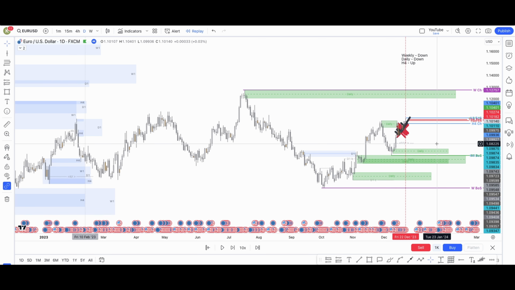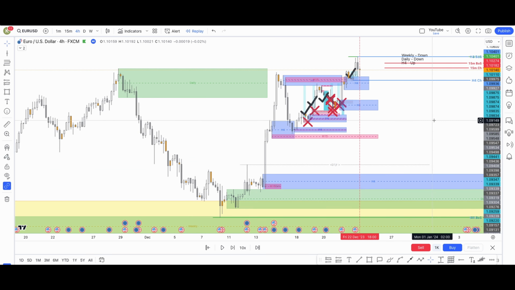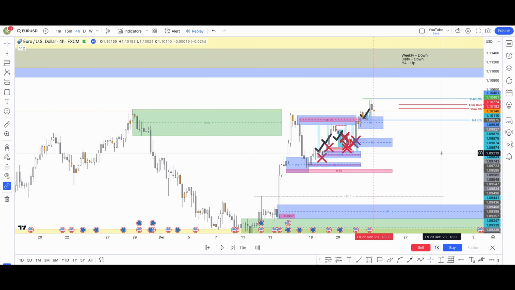Okay, cool. Yeah, that is correct. And we'd only chopped with a wick. Okay, right. So daily is down, weekly is down, which means even though the H4 is temporarily up at the moment, we know that we are potentially just about to get smashed by something on the higher time frame. So if we approach one of these higher time frame POIs, we're looking to potentially get short.